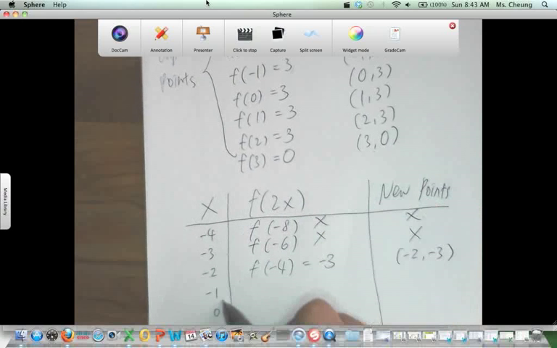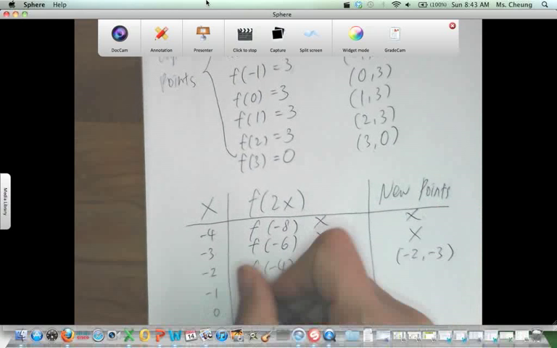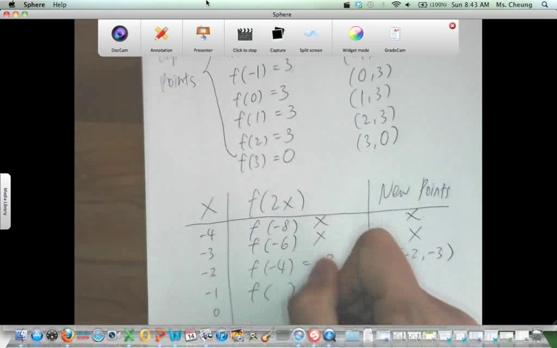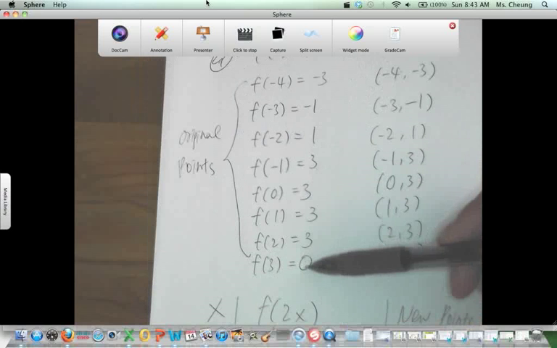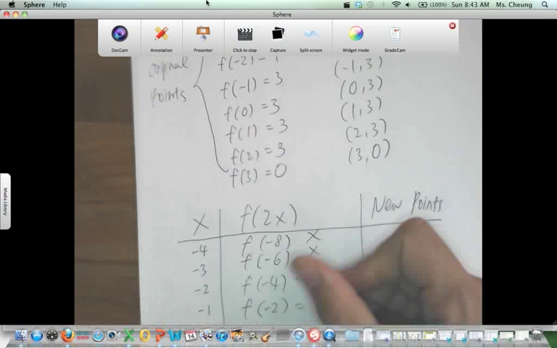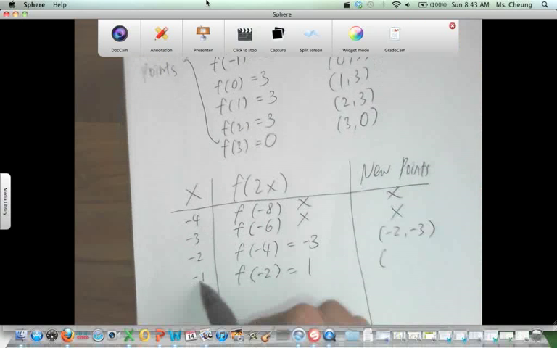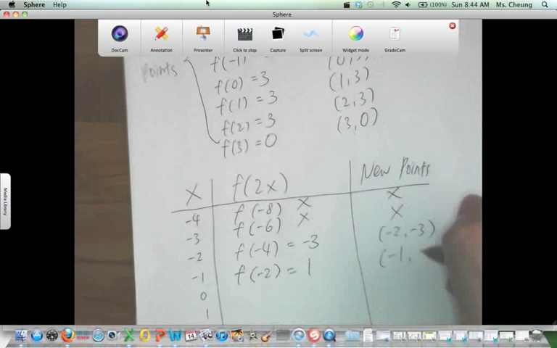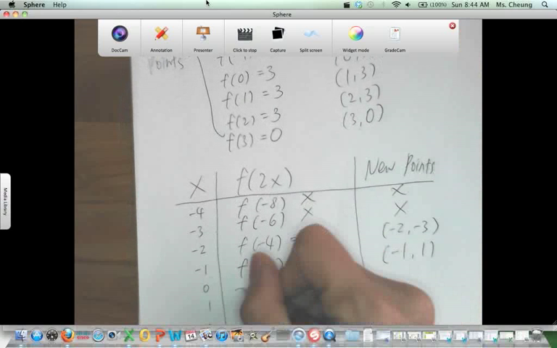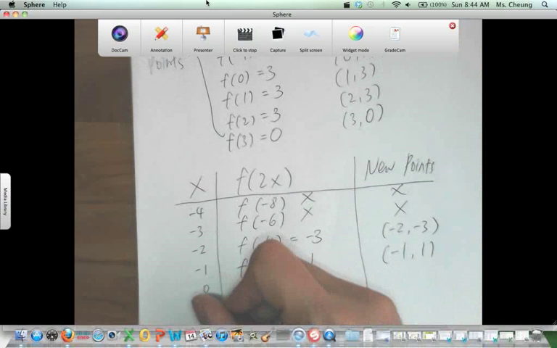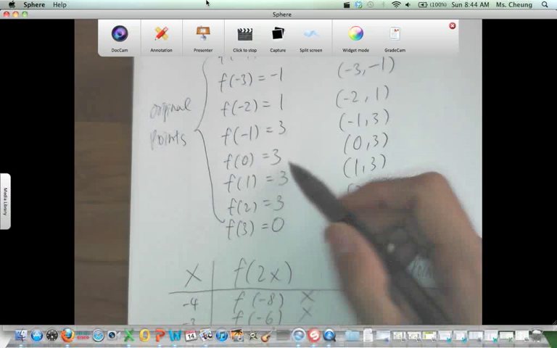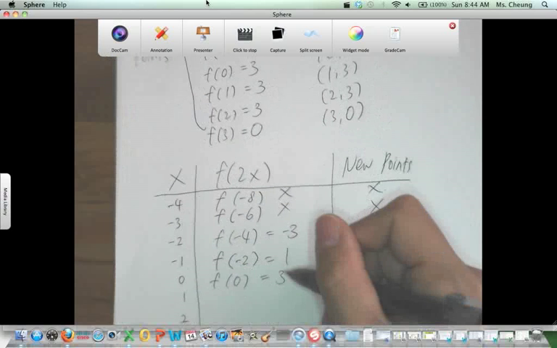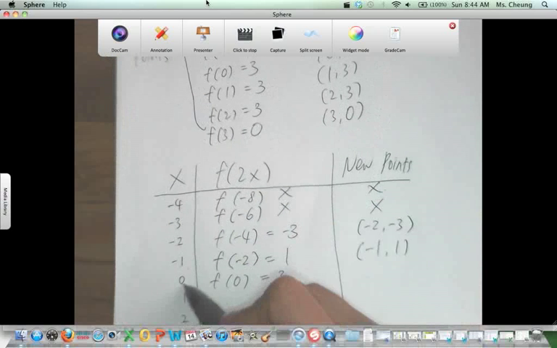The next one, -1. So I have f of 2 times -1, which is f of -2. Looking at my original points, is there any f of -2? Yes, +1. So I'll have -1, +1. How about when x is 0? 2 times 0 is 0, and f of 0 equals 3. So the new point is 0, 3.